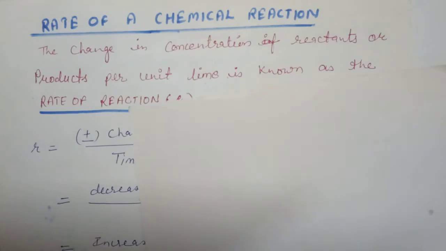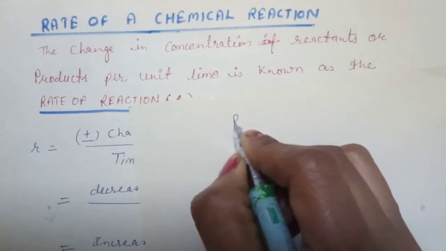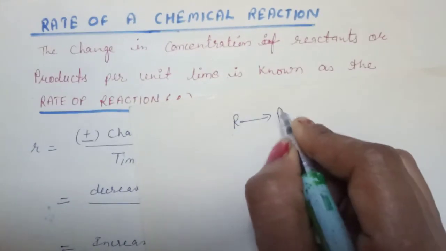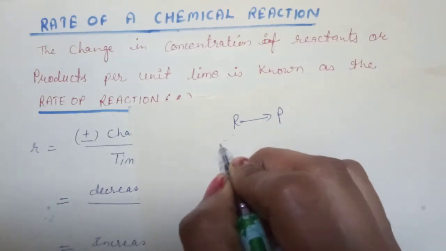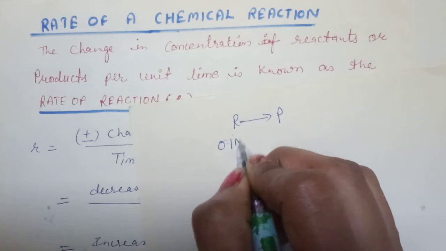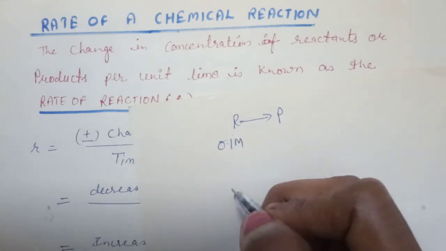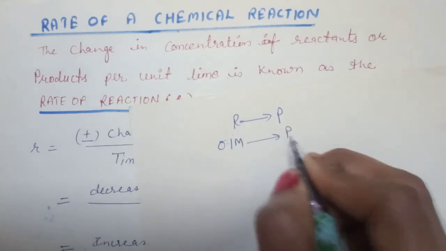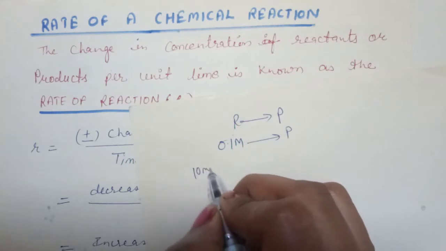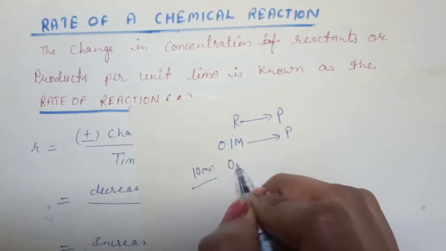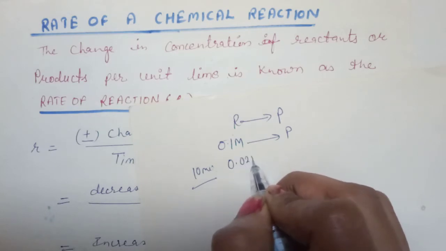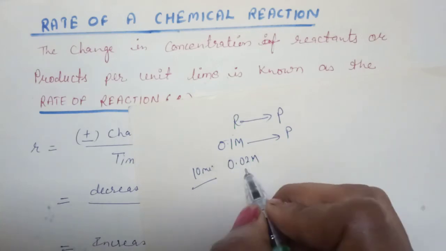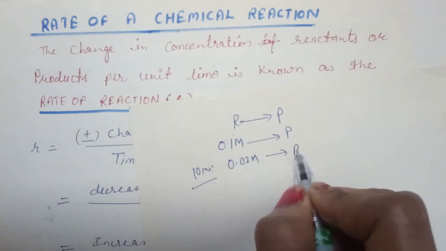Okay, see, reactant R is converting into product P. Suppose there is 0.1 M concentration of reactant and it is converting into product, and after 10 minutes it has decreased by 0.02 M. Okay, this is decreased and product is formed.